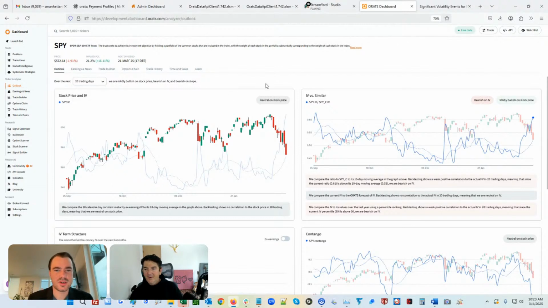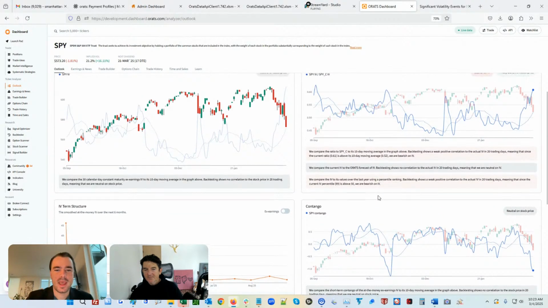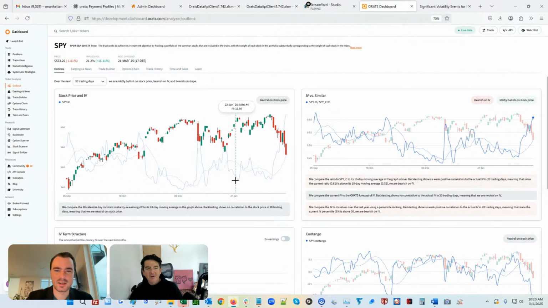It doesn't usually change much unless there's more nuance in the data, but it adjusts the forecast a little bit. What it does is a quick backtest of how the data is correlated to where it's going to be in 10 or 20 days, and then it'll present to you a forecast there.